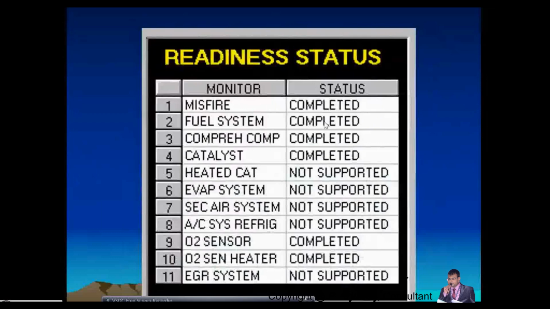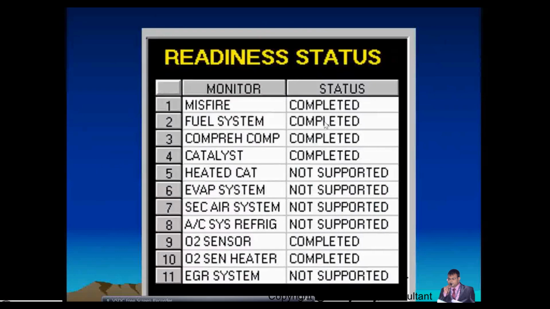And with respect to the fuel system and the catalyst, as I said, you have a lot of catalysts for different emission control technologies. You have the catalytic converter for a gas engine, and DPF, SCR, LNT for a diesel engine. The catalyst performance is very important for you to achieve the emission norms.